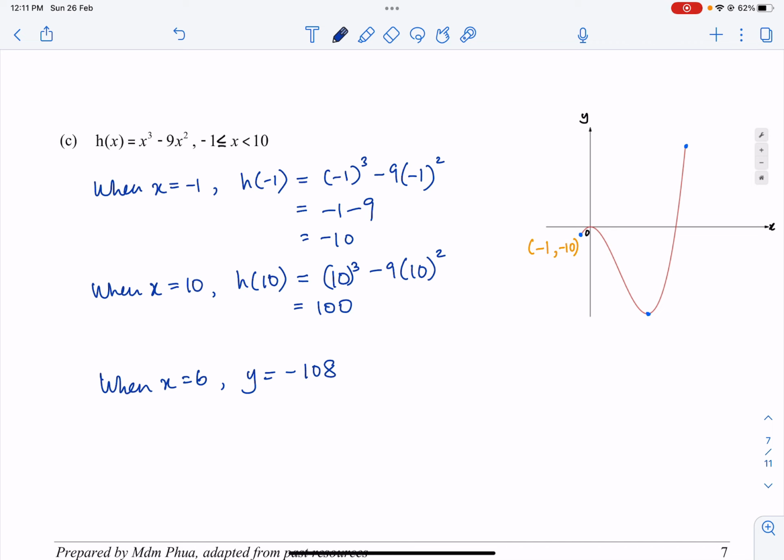Okay, so in this case, putting it on the diagram itself, you notice that the minimum value of y is not -10, but it is at y equals -108.